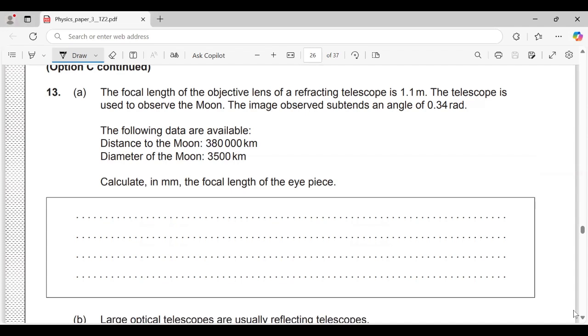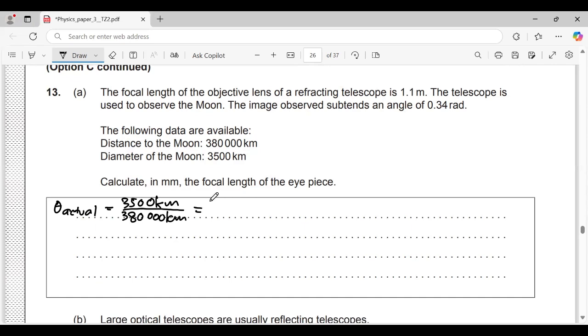First, I'm going to calculate the actual angular size of the moon as seen from Earth, and I'm going to use the symbol theta. The theta actual is equal to the diameter of the moon, 3,500 kilometers, over the distance of the moon, 380,000 kilometers.